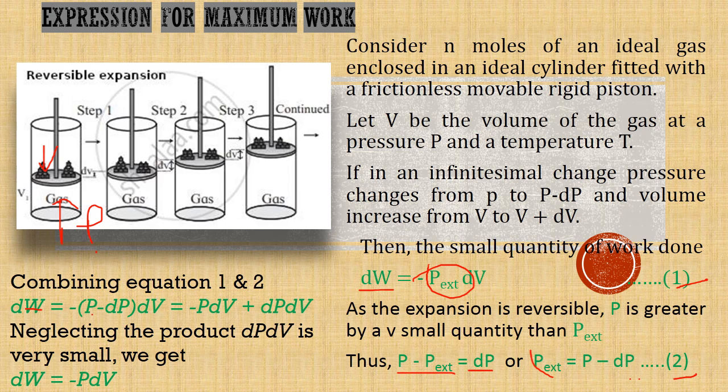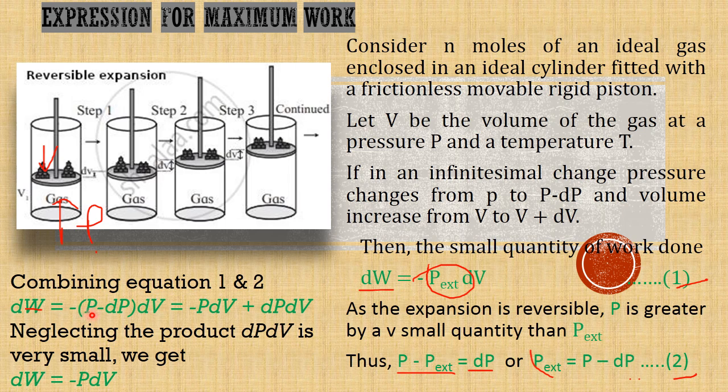Combining both expressions, dW is equal to minus, what is dW? Here it is P_ext. P_ext is nothing but P minus dP. So put here P minus dP and dV as it is.